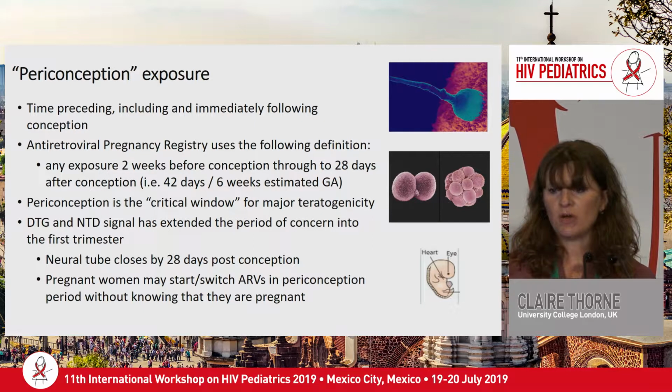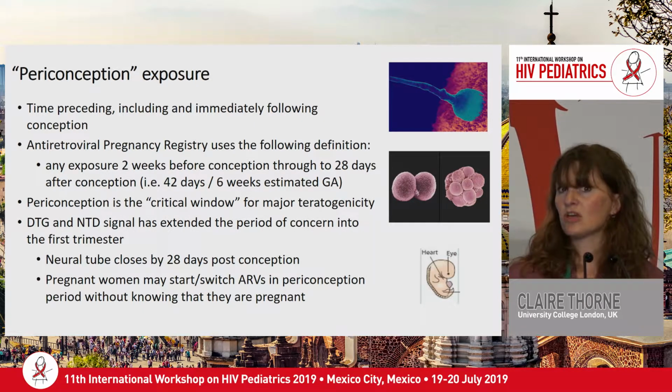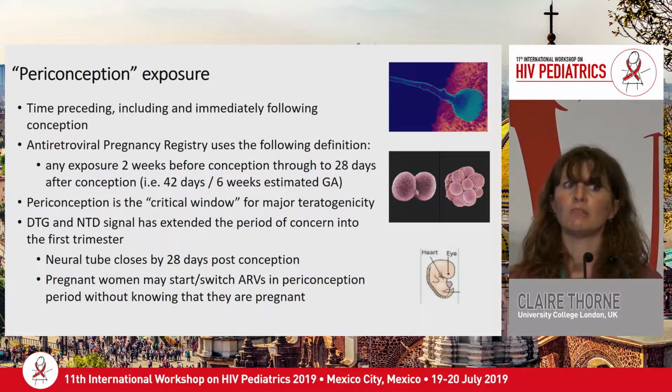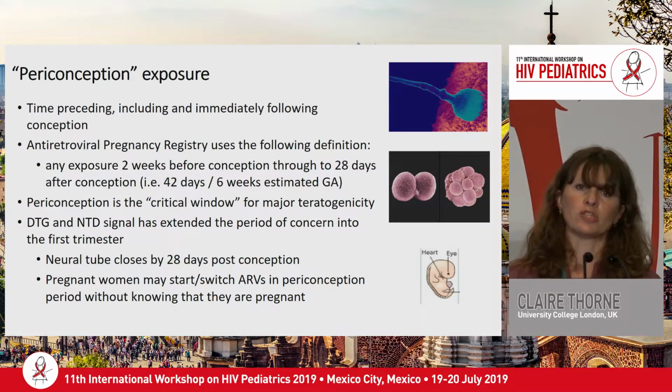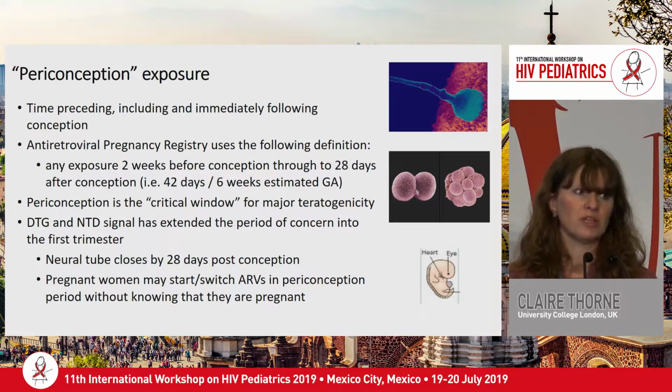So I wanted to say a word on periconception exposure. So this is the time preceding, including, and immediately following conception. The APR uses the definition of any exposure 2 weeks before conception through to 28 days after conception. And the reason for the focus on this period is that it's the critical window for major teratogenicity.